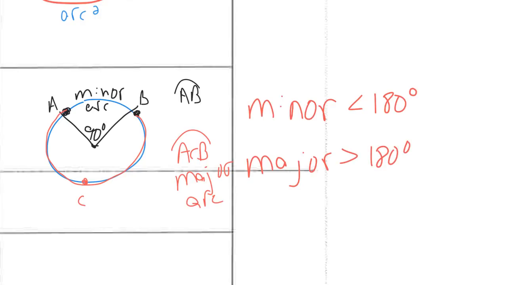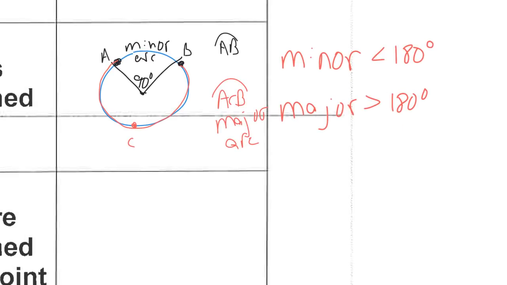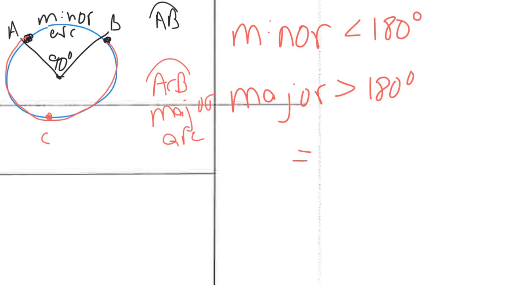And we'll see more about that tomorrow. So those are your arcs. And then actually, and it doesn't say this on the notes, but if it's exactly 180 degrees, that means we have a semicircle. So we'll just add that one in. So those are the classifications, kind of like acute and obtuse.